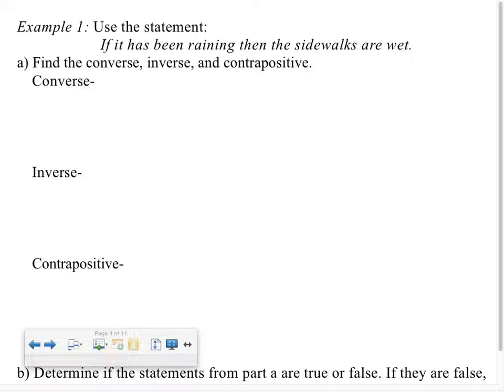Let's take a look at a couple of examples here. First example, if it has been raining, then the sidewalks are wet. So, identify what's the hypothesis and the conclusion. Remember, converse switches the two.